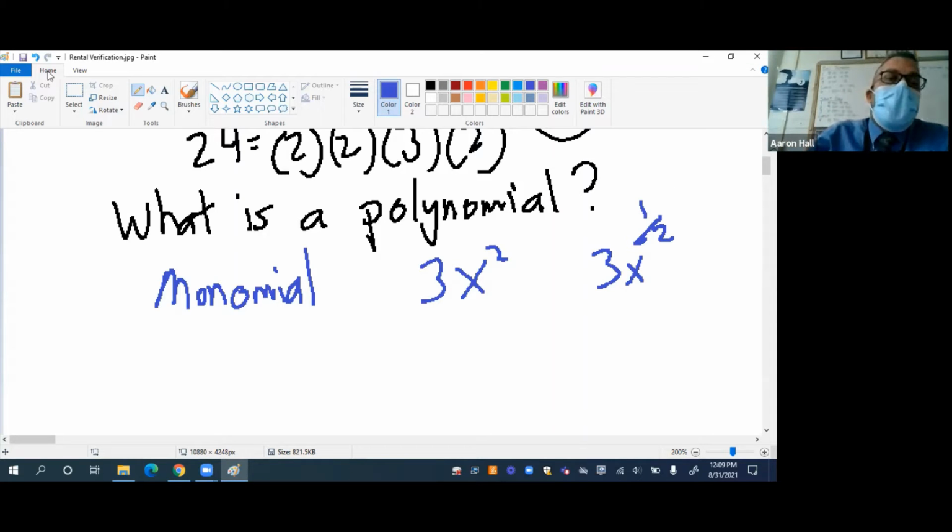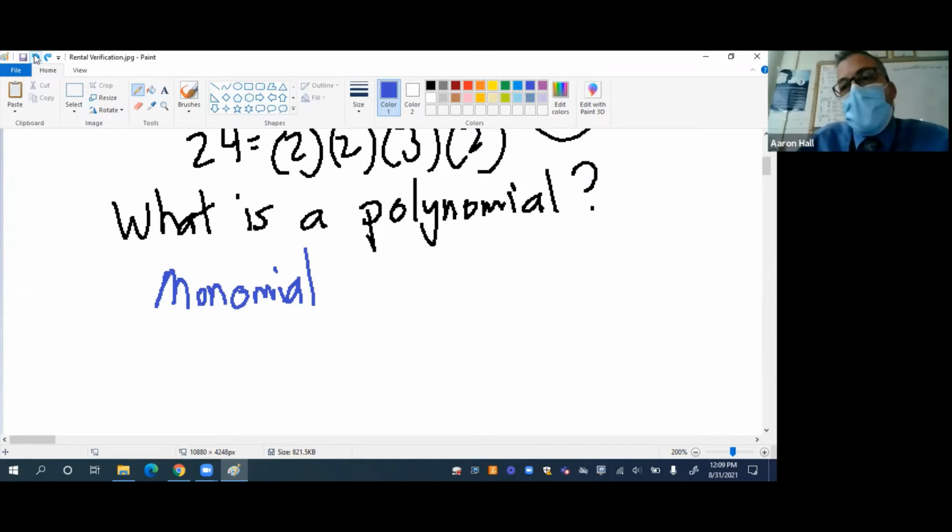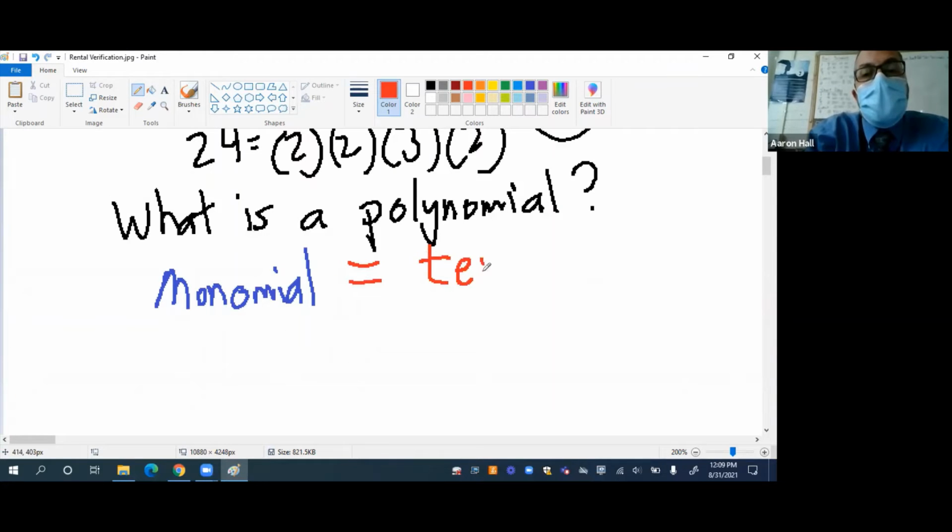But I want you to get away from that altogether. In fact, that's not even really relevant when it comes to a polynomial. We're going to look at negatives anyway when it comes to calculus. So in general, even though it's not entirely true, I want you to think of a monomial as a term.